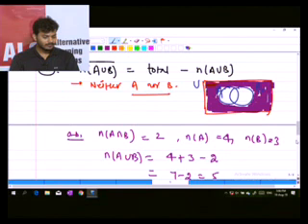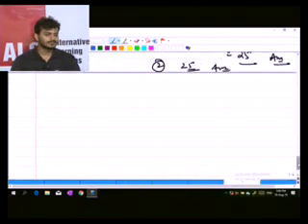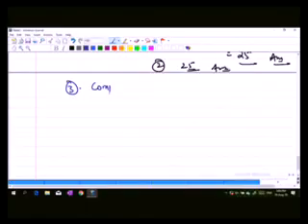If you are good so far, very good. Then we can move ahead. Now, if you are getting this part, you would definitely understand this. Third one, complement of a set.